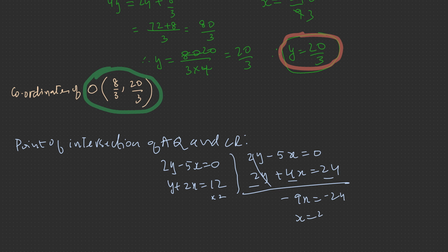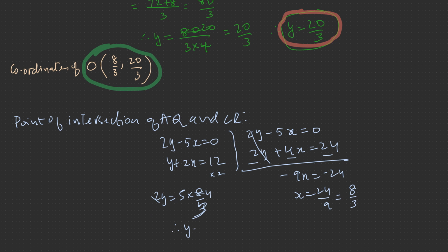So x is 24 over 9, and that is equal to 8 over 3. So we get x is 8 over 3, and then 2y equals 5 times 8 over 3, so 40 over 3. So therefore y is 20 over 3.